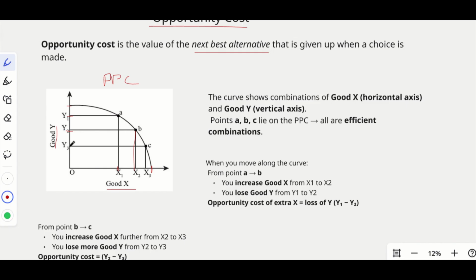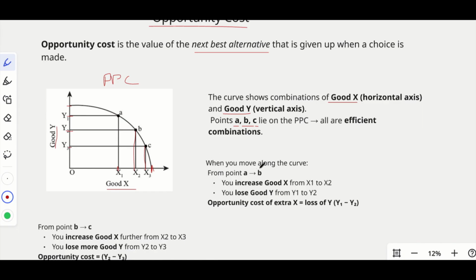And if I decide to produce Y3 amount of good Y, I can produce X3 amount of X. If I decide not to produce any of good Y, I can produce this much of good X. So that is the opportunity cost. This curve shows the combinations of good X on the horizontal axis and good Y on the vertical axis. As we mentioned, the points A, B, and C lie on the PPC, so all are efficient combinations.